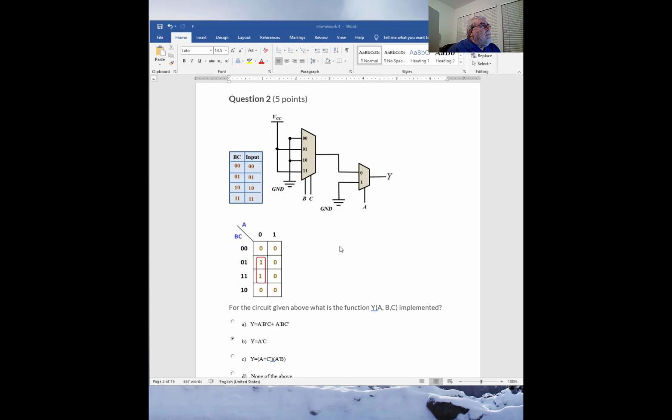So all we need to do is go one by one. We start with 0, the upper element here. And then we notice that for B and C equal to 0,0 and 1,0, we're going to have a 0 because the input is ground.